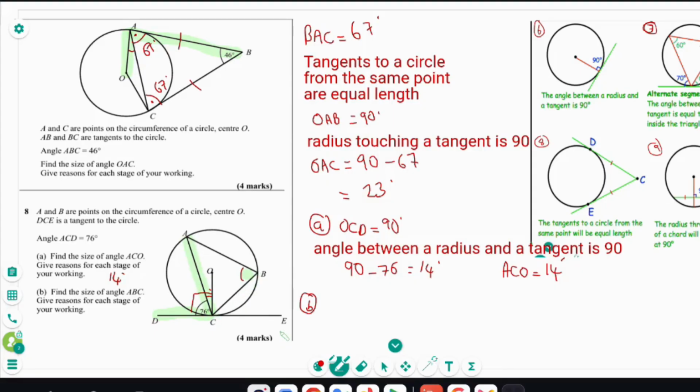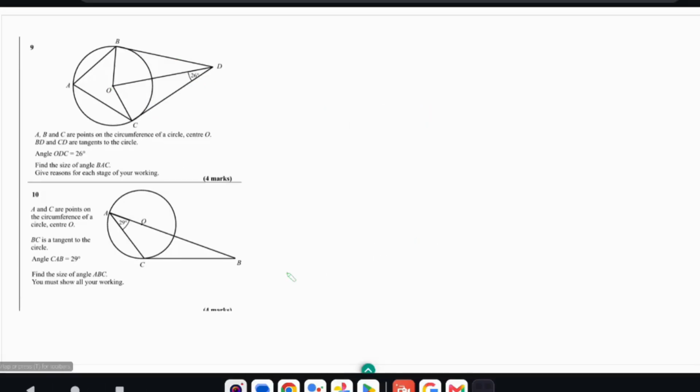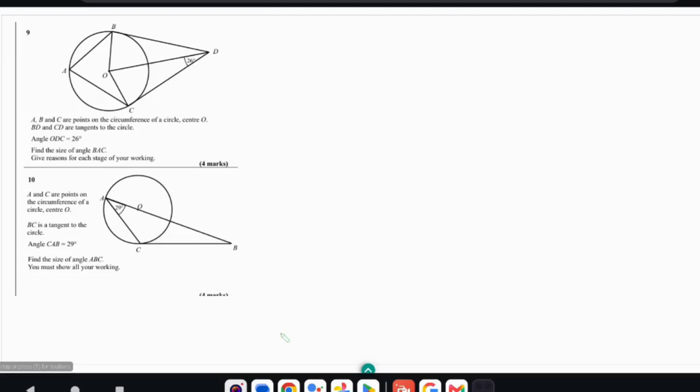So the opposite angle is 76 degrees. So ABC is 76 degrees. And your reason is the alternate segment theorem. Okay, we should notice these questions starting to get more complicated now.